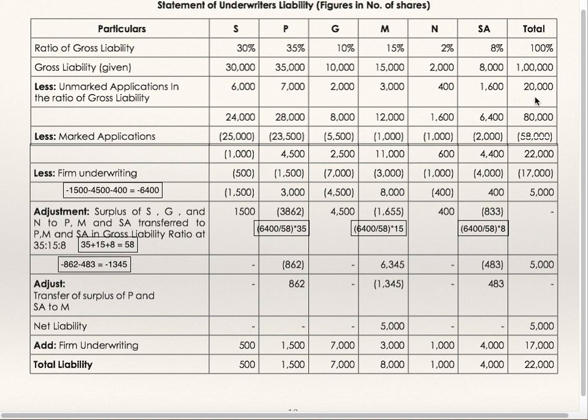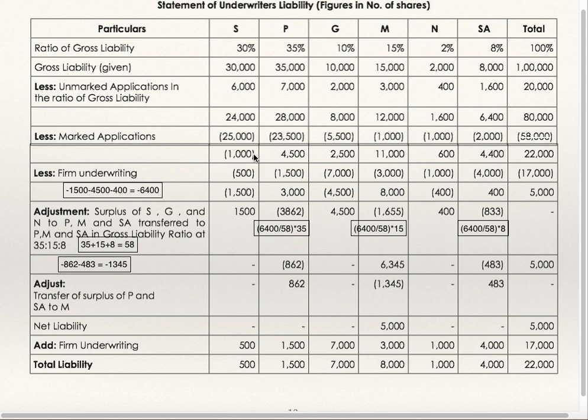Unmarked applications they have given 20,000 which is to be distributed in this ratio, or you can just calculate 30% of 20,000, 35% of 20,000, 10% of 20,000, 15% of 20,000, 2% of 20,000, and 8% of 20,000. Unmarked applications to be distributed in the ratio of gross liability. Then marked applications, which is given, deduct it.